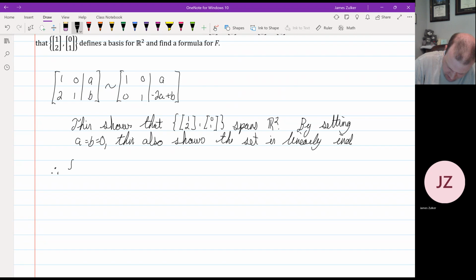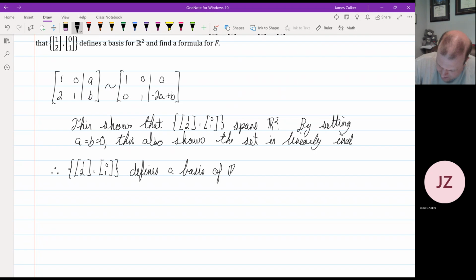Therefore, this set (1, 2), (0, 1) defines, or forms, a basis of R2.